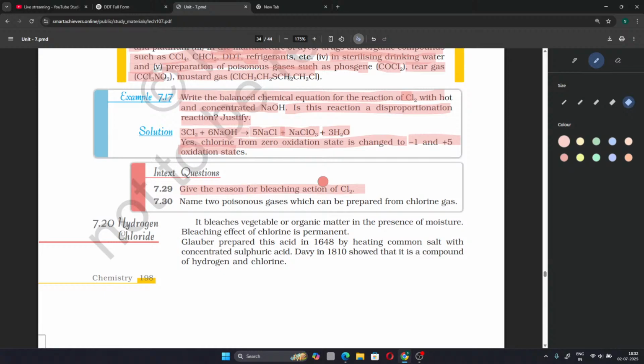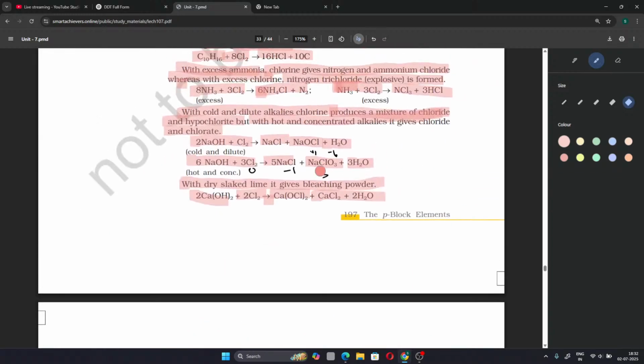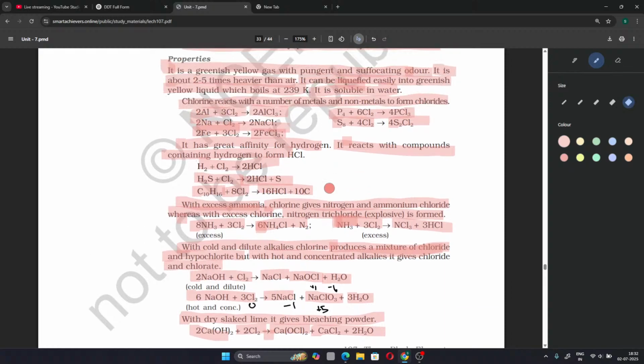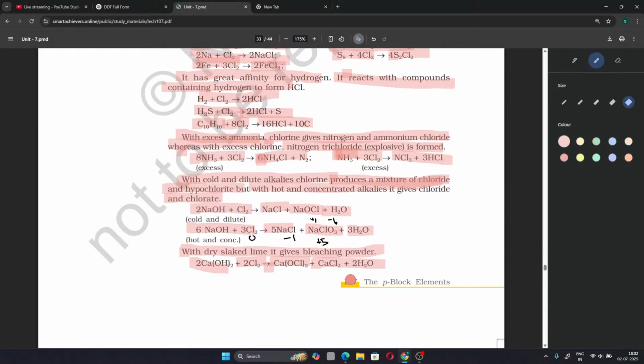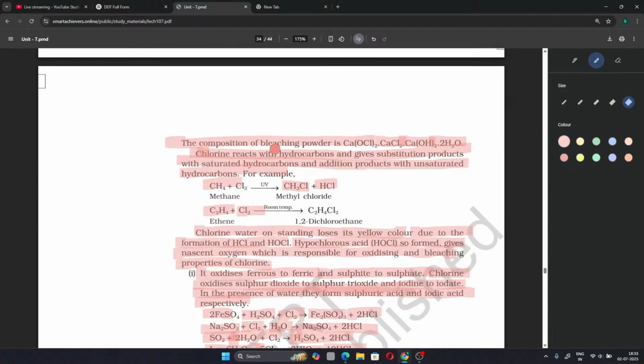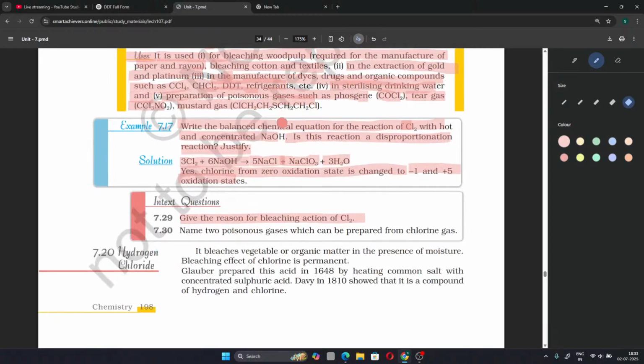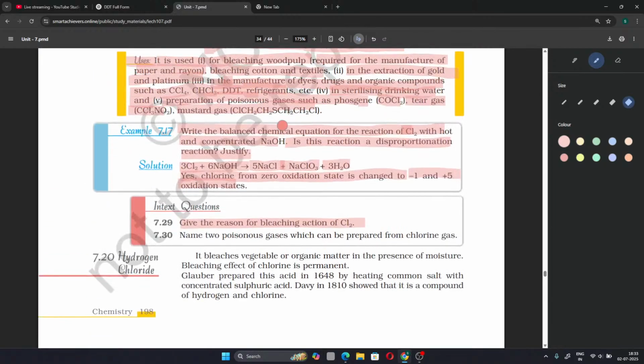and HOCl. This HOCl can give out nascent oxygen, which can easily oxidize, and acts as a strong oxidizing agent.